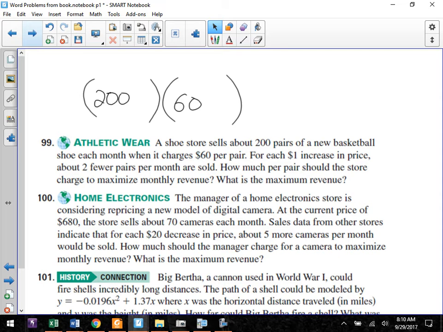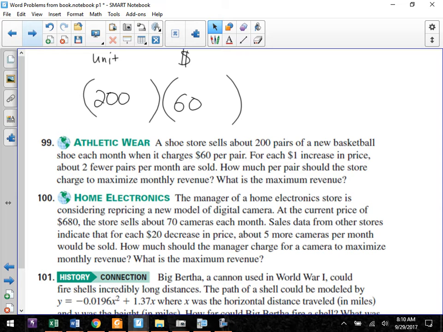Do you agree? Then we have to put in the idea that for every dollar increase, so let me write this out. These are our units. These are our price side. Units can be shoes. The next example talks about stereo or digital cameras, CDs.